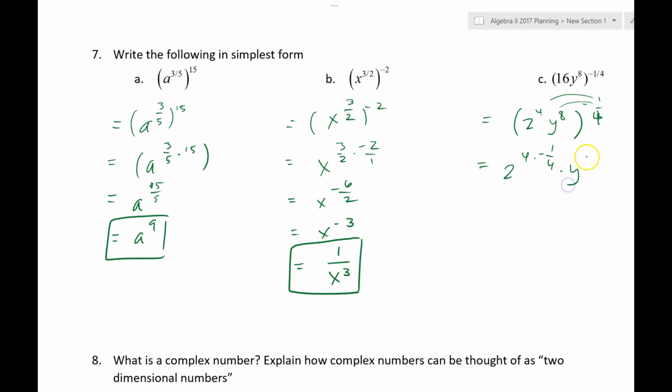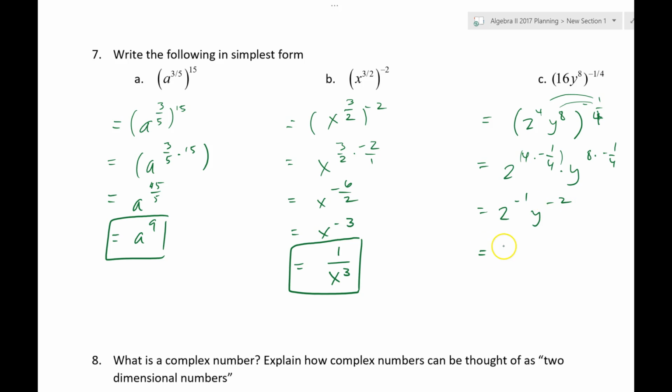And then we get y to the 8th times -1/4. 2 to the 4 times -1/4 is just -1, so that's going to turn into 2 to the -1. And then y raised to the 8 times -1/4 is -2.